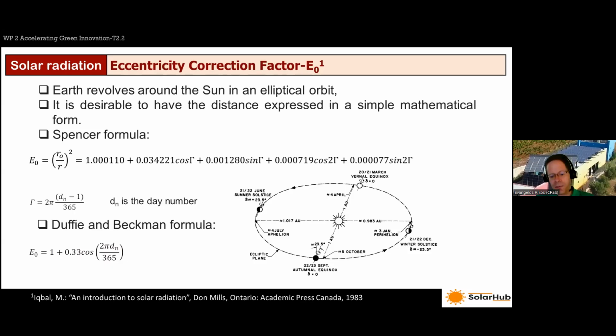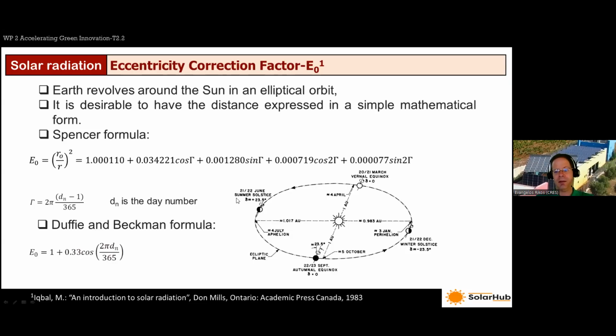In any case, what is important here is for us to know the variation of this distance, and this can be calculated based on a very precise formula, the Spencer formula, that is given here as a function of the day number.